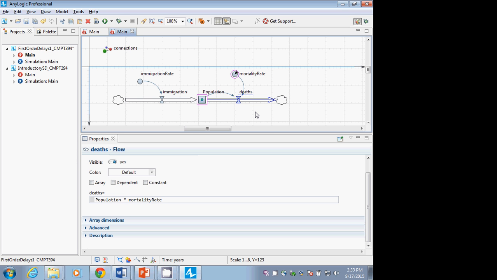This mortality rate is just a constant, 0.02. So the value for deaths will be changing proportional to the population. It would just be like a mirror image of the population. So Ben's suggestion is that it will look something like this, just a scaled version of this.